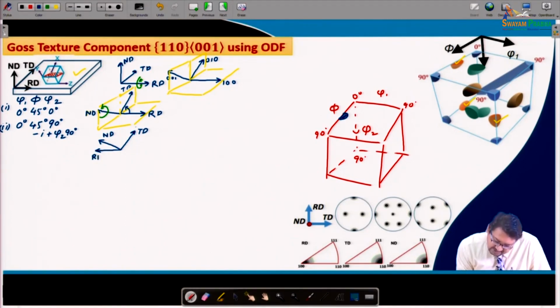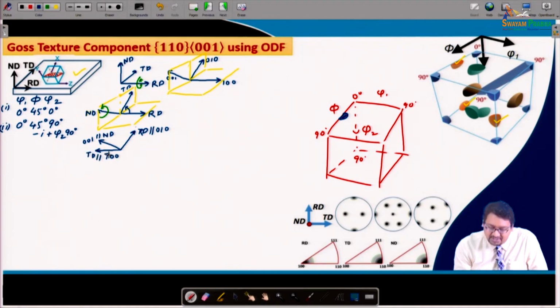and the TD goes to opposite of RD, right. So, under this situation you see the ND remains parallel to 0 0 1, the RD, which I have written wrongly earlier, that earlier it was TD and now it became RD, remains parallel to 0 1 0, and the TD becomes parallel to 1 bar 0 0.